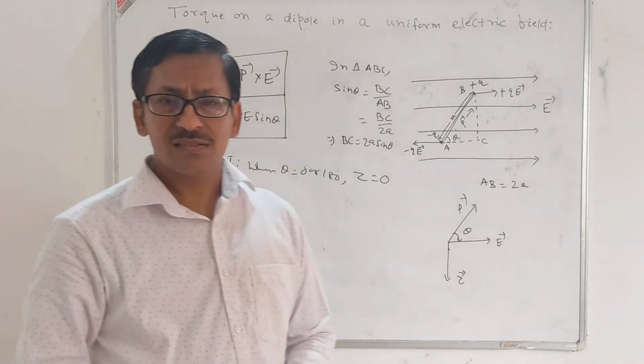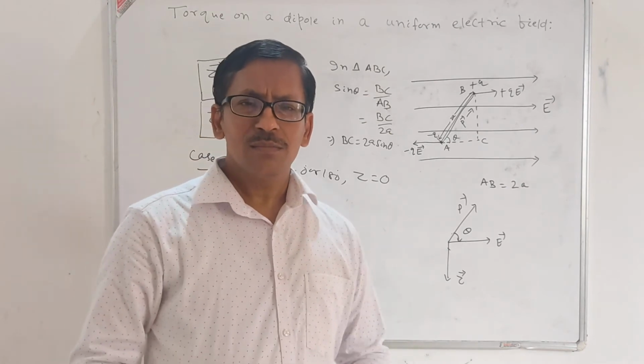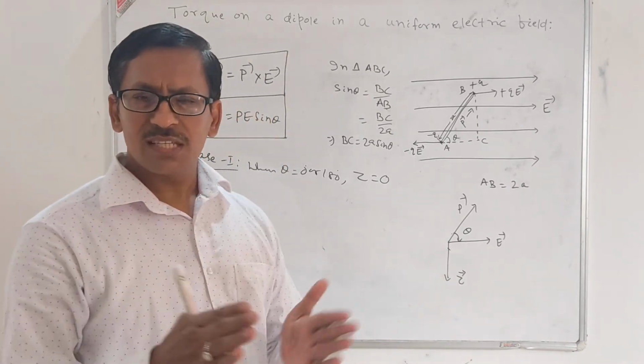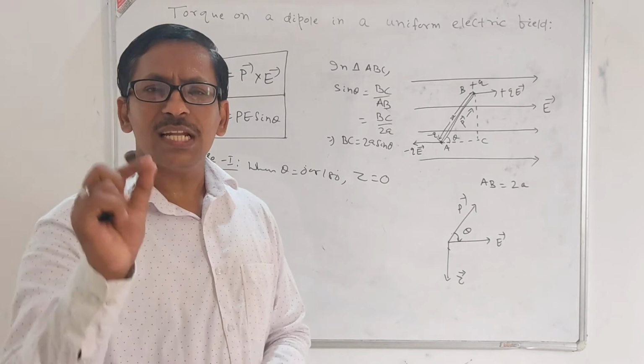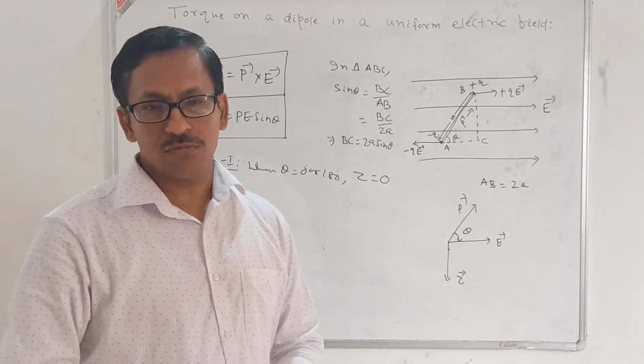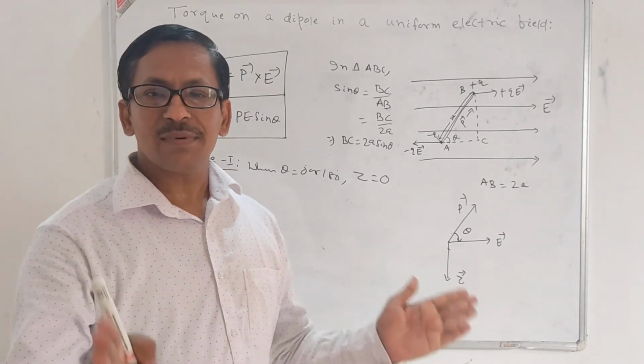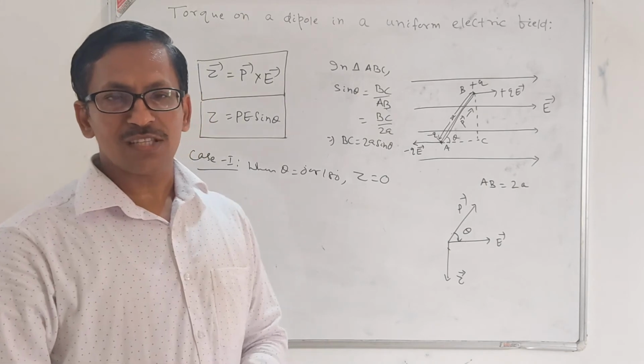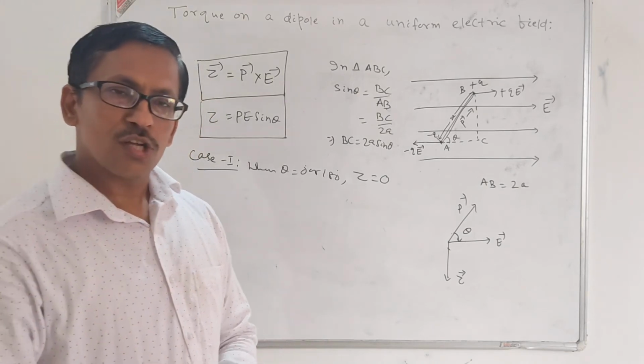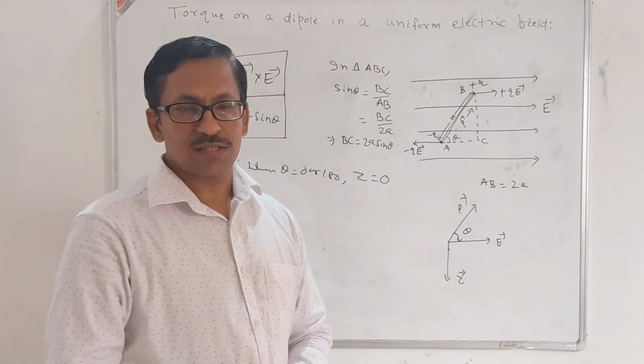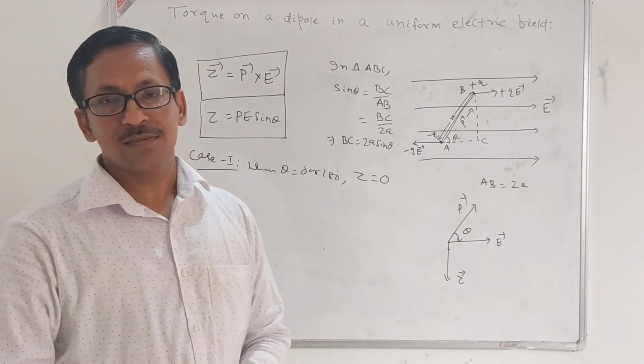Remember children, because nowadays MCQs are coming, each and every point is very important for you. So special cases are very important. You will get questions based on that. And CBSE also normally asks this type of questions about the special cases.